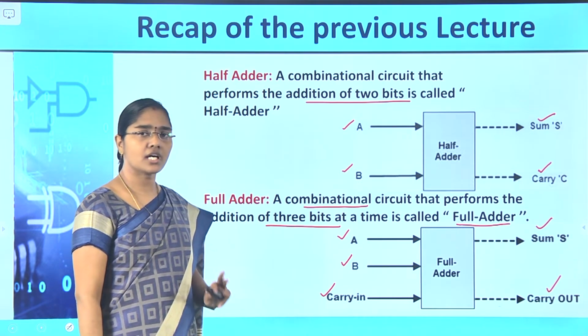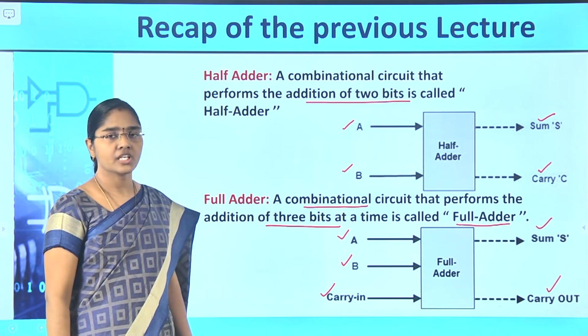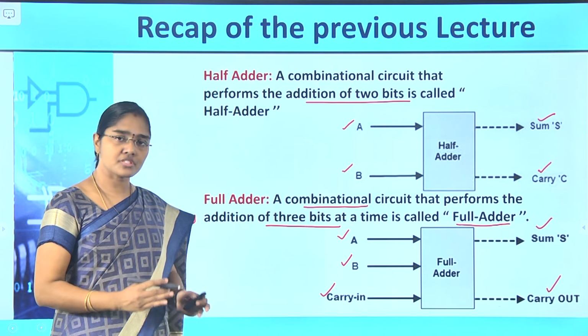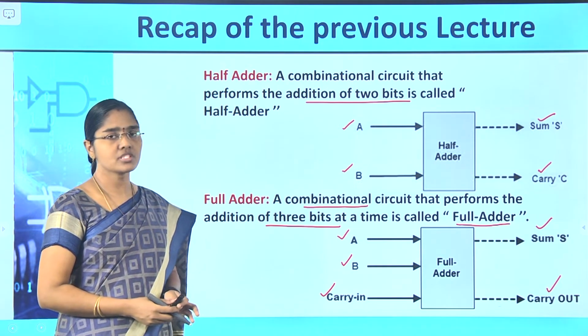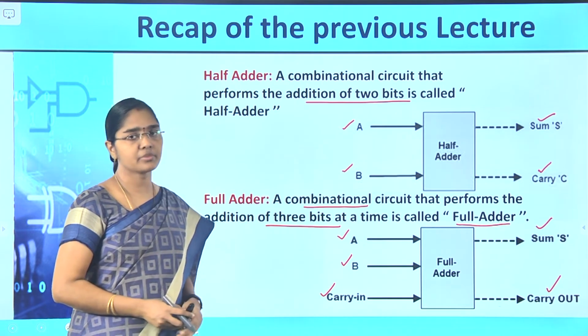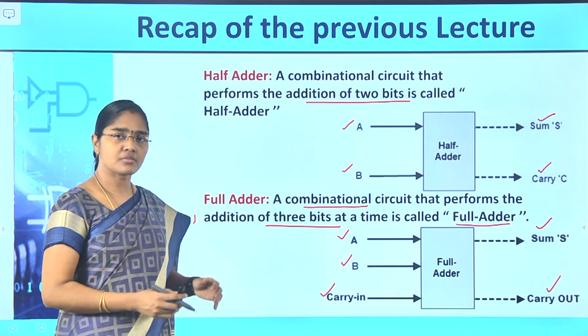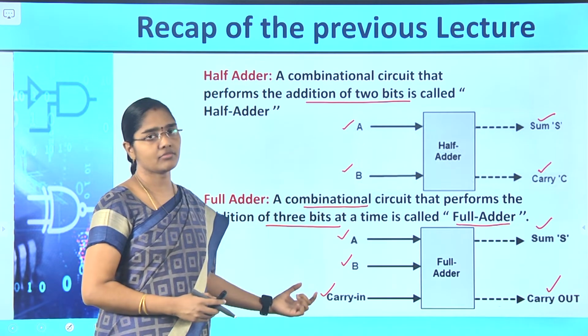Sum and carry out are also single bits, and A, B, C are also single bits. Like this, in this lecture we are going to see subtractors which perform 2 single bit subtraction and 3 single bit subtraction. Like adders, the subtractors are called half subtractor and full subtractor.